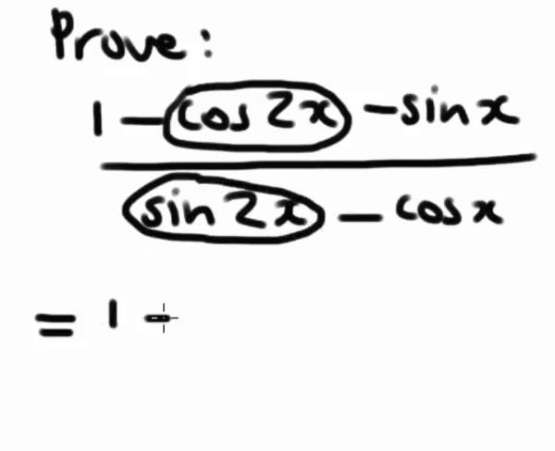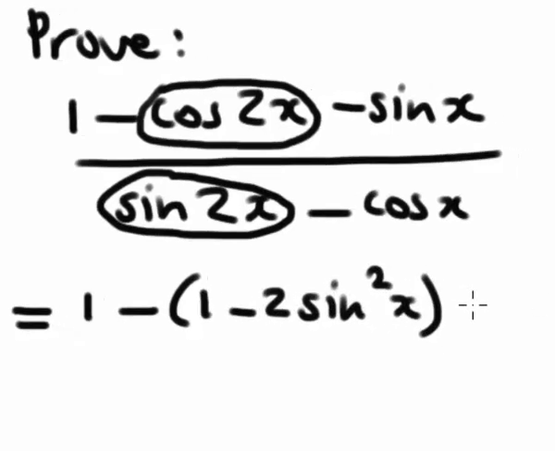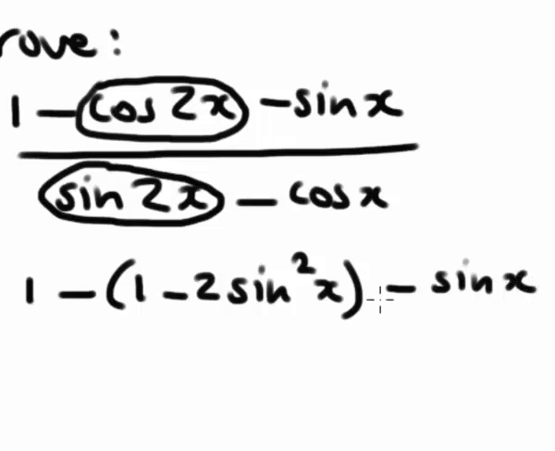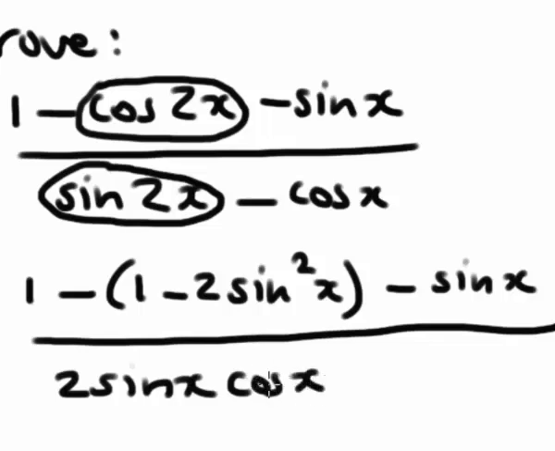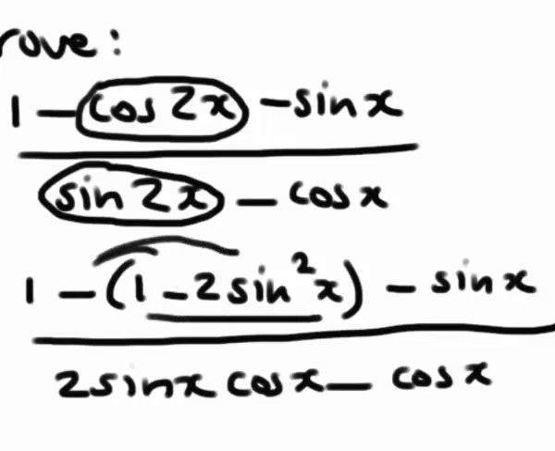But with this one, I'm going to suggest that we go 1 minus 2 sine squared x. There's a reason for that. And then we subtract sine x there. The bottom one is going to simply be 2 sine x cos x, because that's the only formula you have for that.